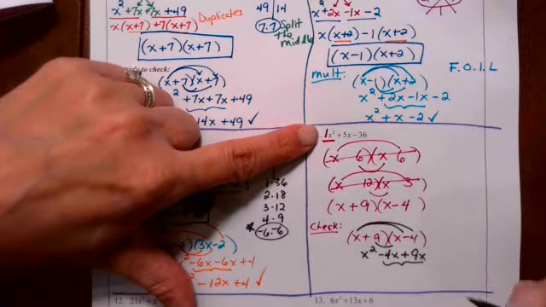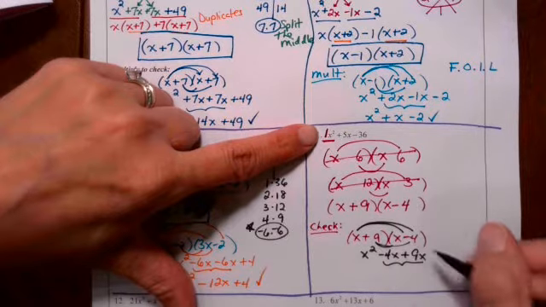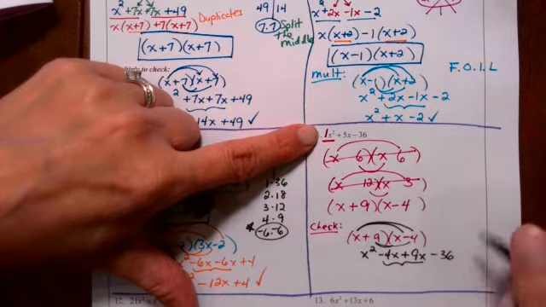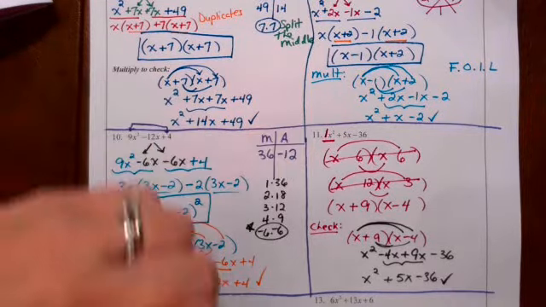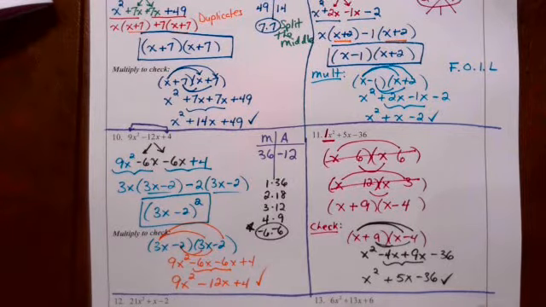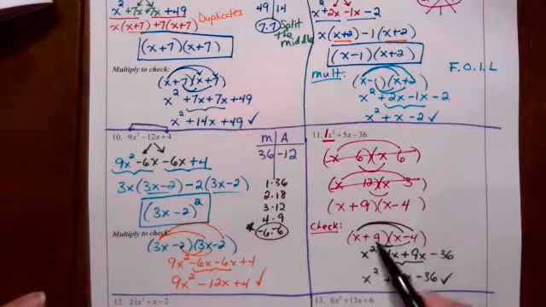Those are going to have to combine. And then the lasts are negative 36. So I've got x squared plus 5x minus 36. Definitely. I might ask you to check on paper. I might ask you to just check by multiplying it out in your head, like I was doing here with the guess and check.